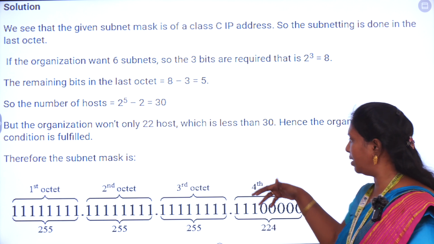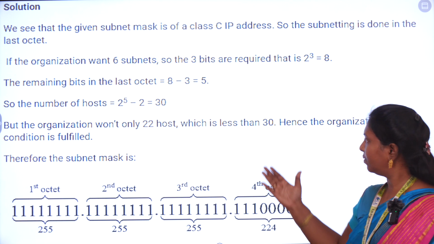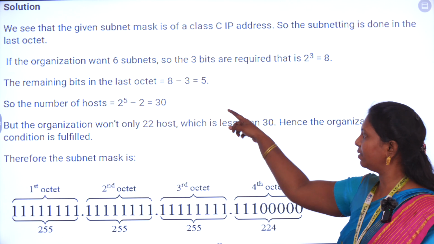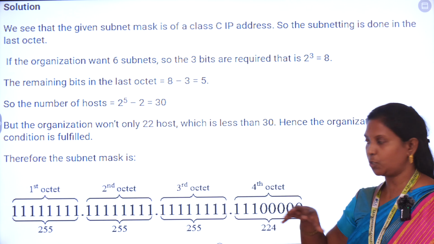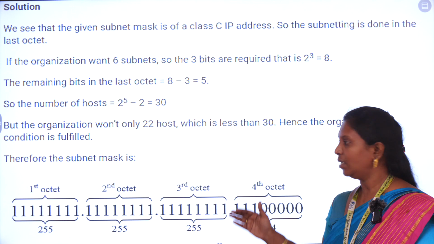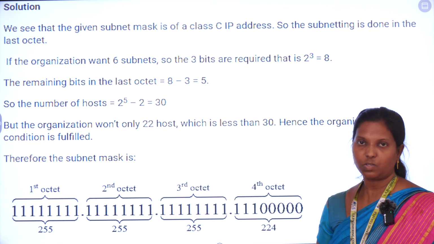So it is possible only with this kind of network mask. The 22 hosts were already mentioned, but we have derived 30. So the subnet mask to be fixed is 255.255.255.224. In this situation, this 224 will allow you to have 30 hosts. So this is the solution.